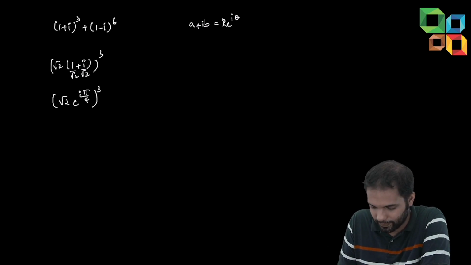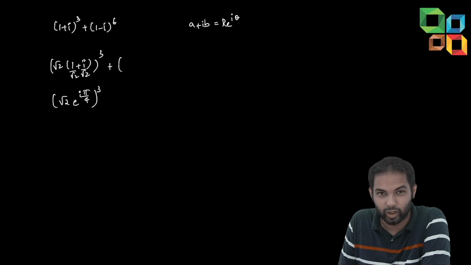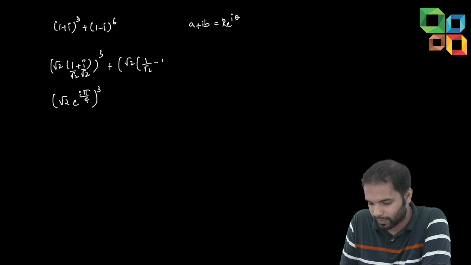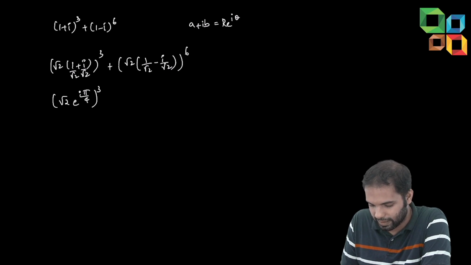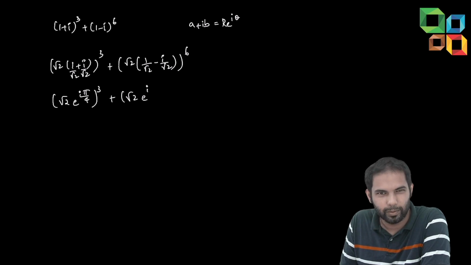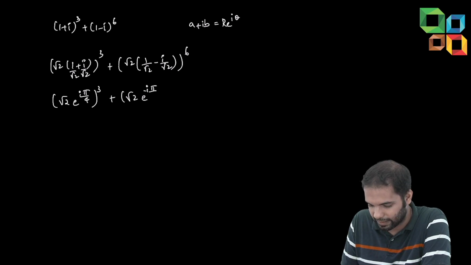What happens on the other side? Again, the magnitude is not 1. So magnitude is actually root 2. So I multiply and divide by root 2 so that the remaining part has magnitude 1. Okay, so whole power 6. Again, what does it reduce to? This is root 2 e power i minus pi by 4, right? Because tan inverse of the same, minus 1. Okay, so whole power 6.